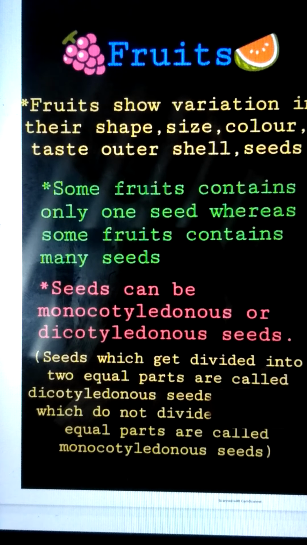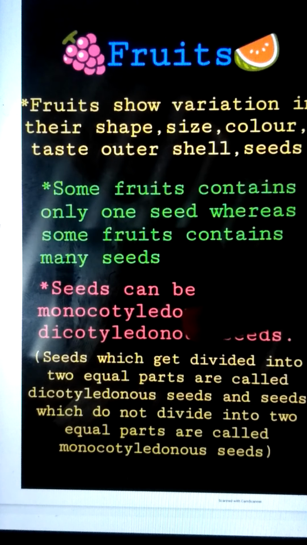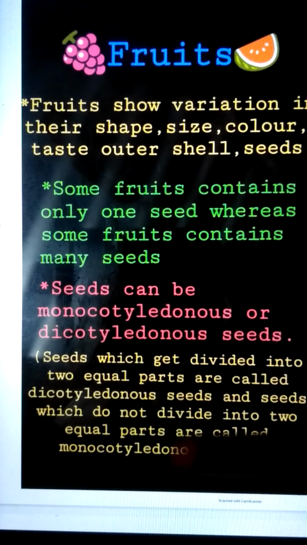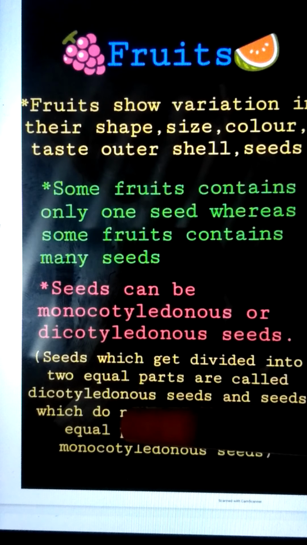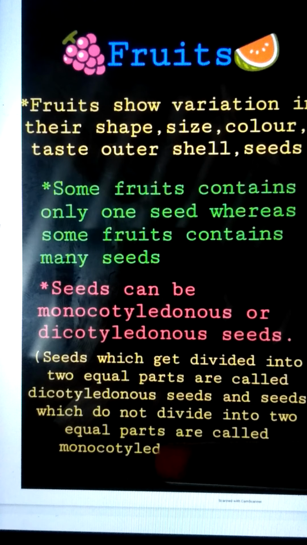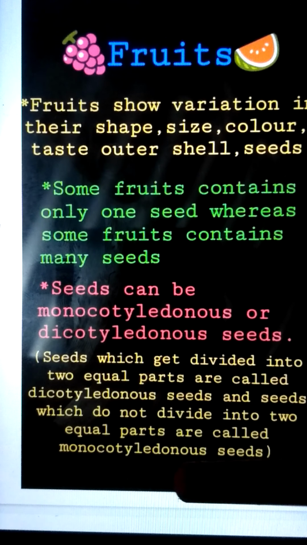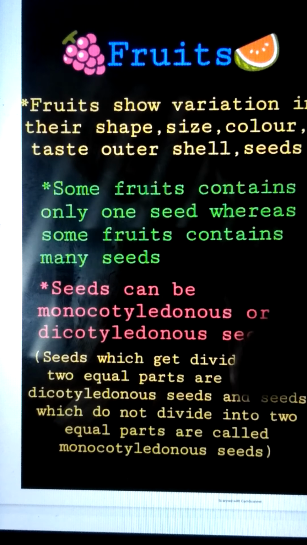See, seeds which get divided into two equal parts are called dicotyledonous. It means when we break the seed, it gets divided exactly into two halves. So those seeds are called what? Dicotyledonous. And the seeds which do not divide into two equal parts are called monocotyledonous seeds.